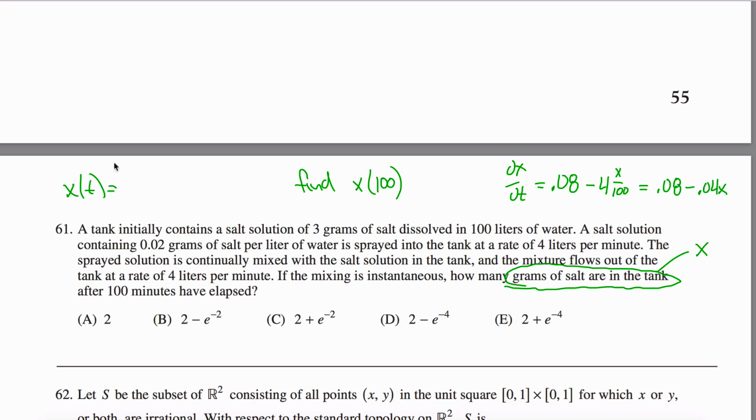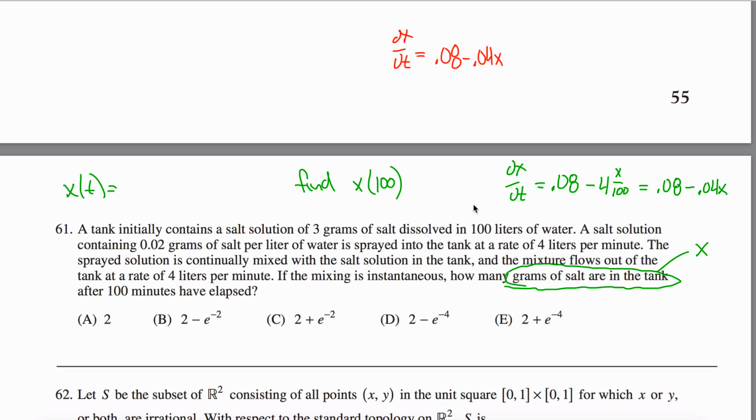So I'm supposed to come up with a function of t, and all I know is about the rate of change of my function. Differential equations. So I'm going to say dx/dt is equal to 0.08 minus 0.04x, and I'm going to try to come up with an equation x of t, I guess is the way to think about it.